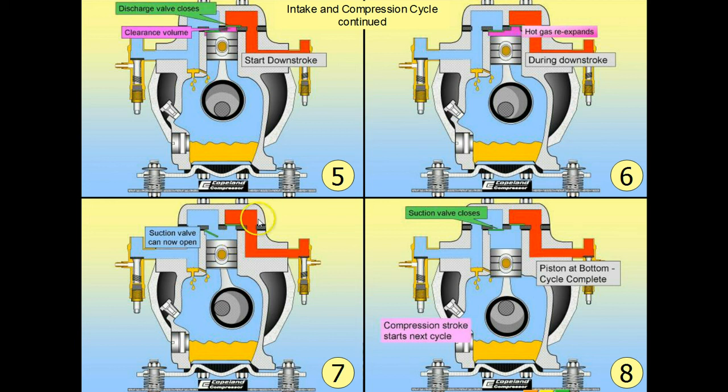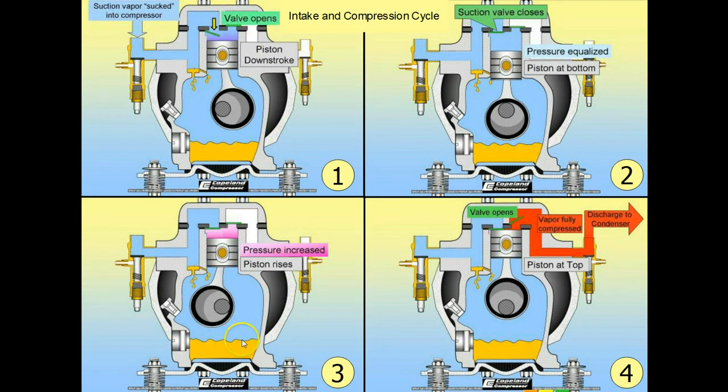But the key to this is when we are in the compression cycle, let's see if we can zoom in here. Okay, if we're in the compression cycle and we have taken the vapor from this amount of volume and compressed it down to a very small volume, we have increased the pressure and at the same time increased the temperature.